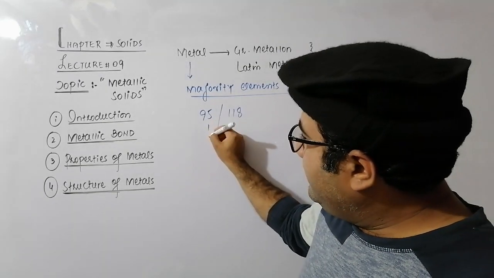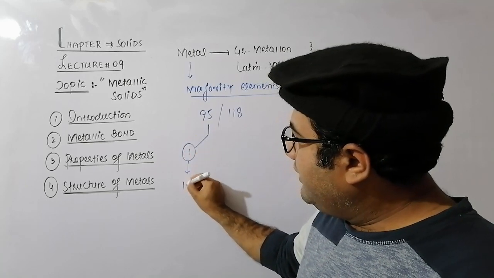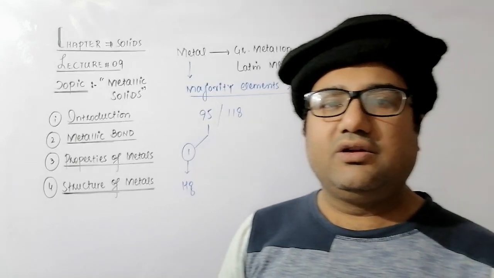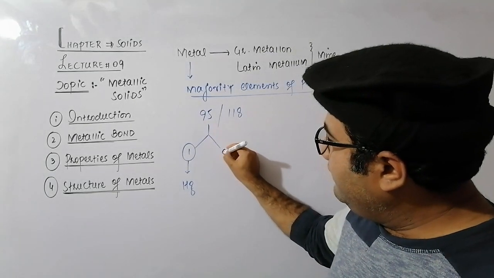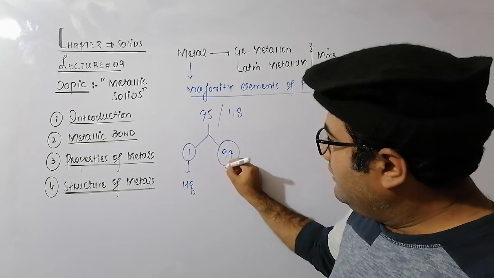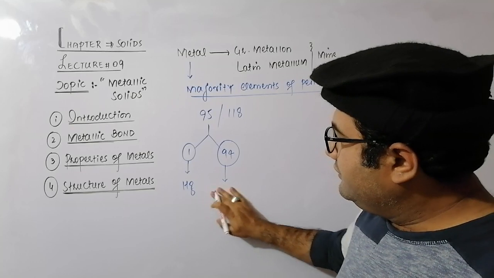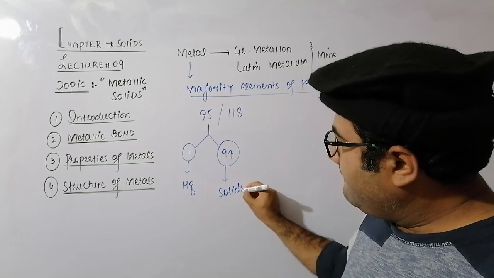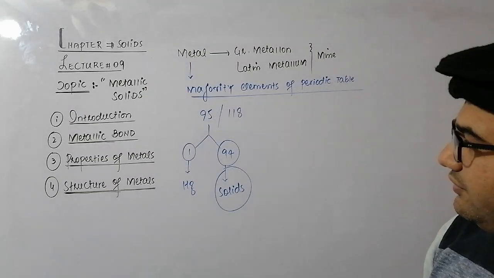Out of these 95, there is only one metal that exists in the form of liquid at room temperature and pressure, while the remaining 94 are present in the form of solids. And these are actually the metallic solids that we are going to discuss today.